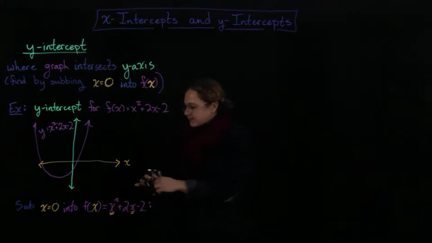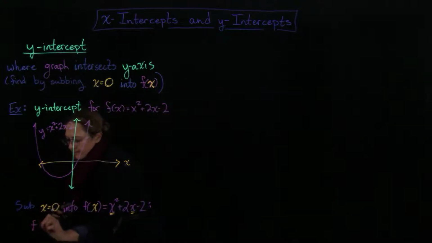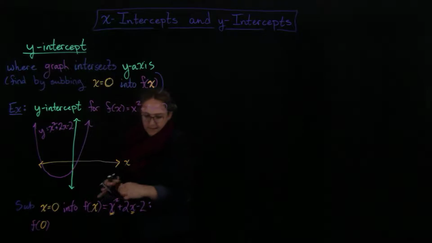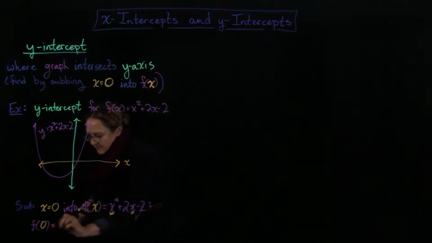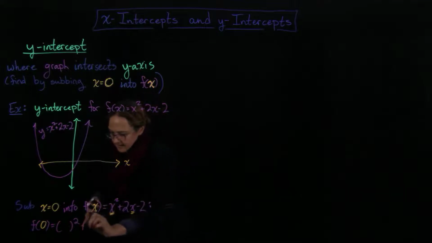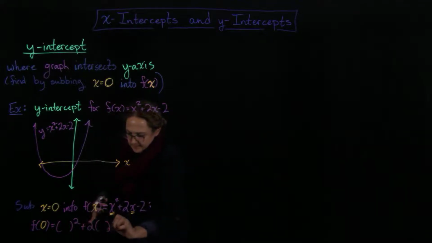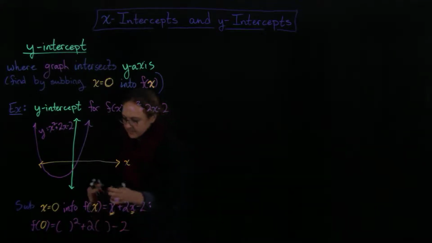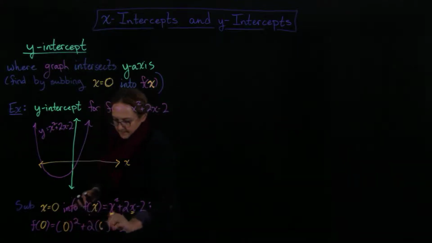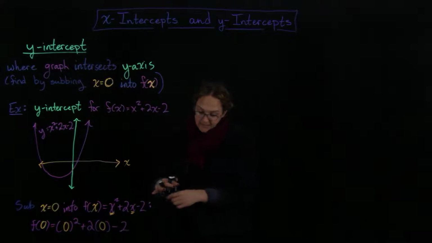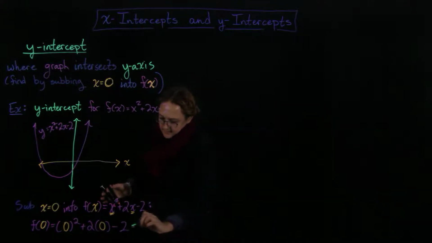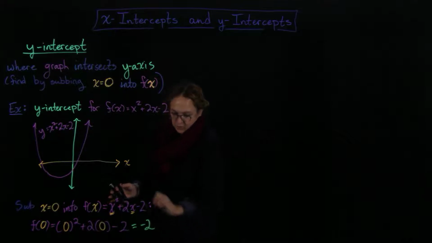And I do my typical thing of using parentheses first, where every time I see x, I put parentheses. Then square that, plus 2 times x, minus 2. Then I put this x equals 0 into each of them. And what I'm going to get out is going to be this minus 2. So this is going to equal minus 2.